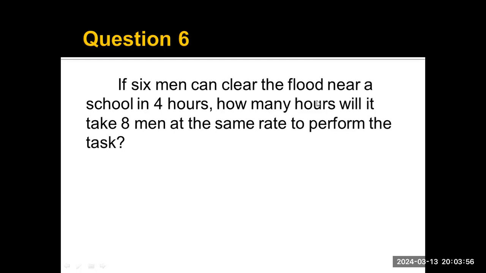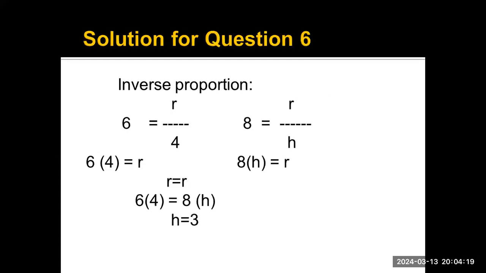So how many hours, this phrase, how many hours, is referring to the variable x multiplied by 8. By reading this statement, we can have the equation 6 times 4 equals x times 8. Solving for x, x equals 3.